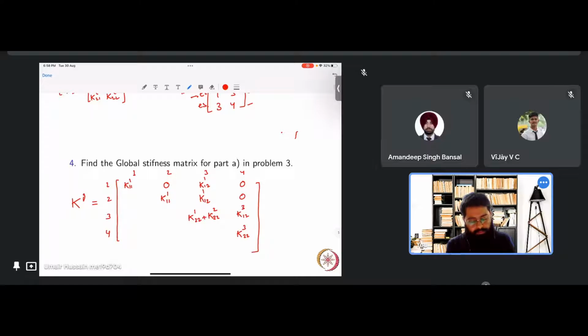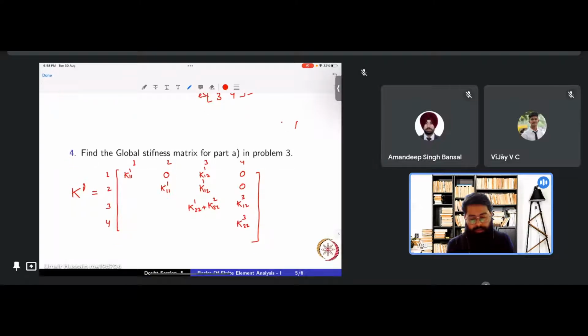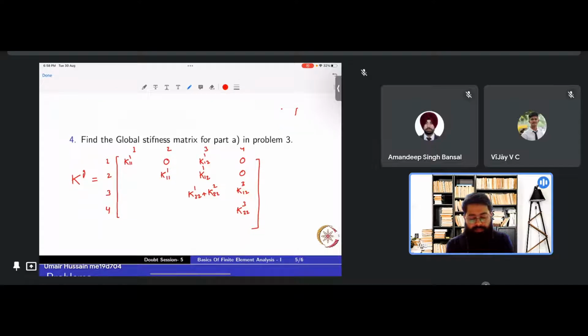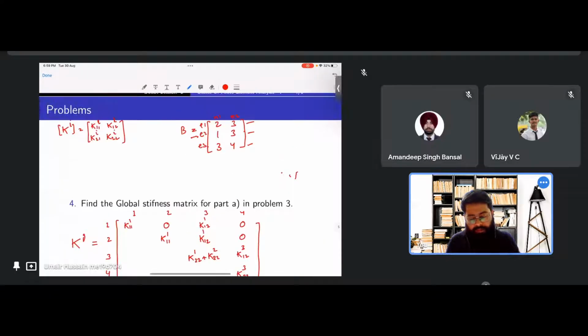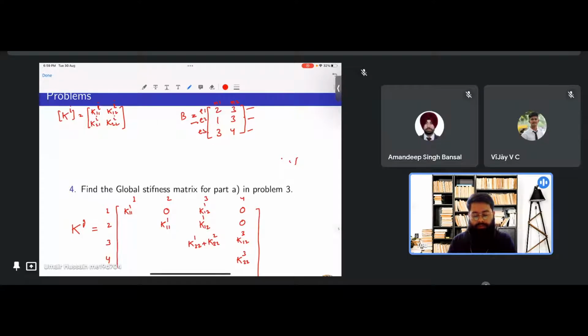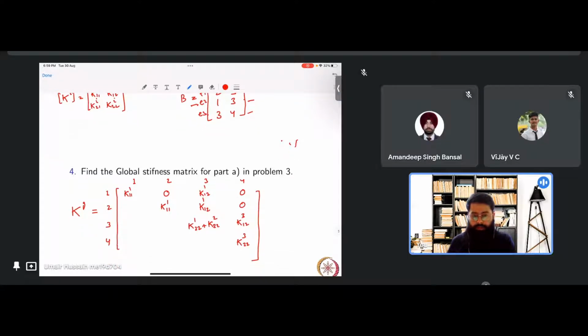element 3. Okay, so you see, this assembly was not so easy if we just look at these nodes, the figure, and just try to assemble this. So that's where this B matrix was essential to formulate this global K matrix.